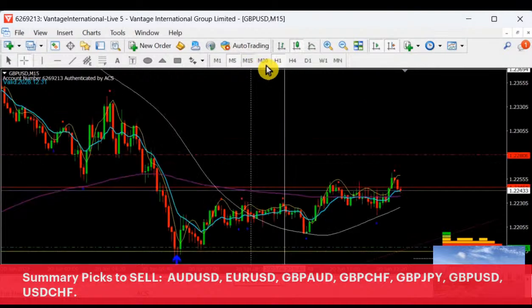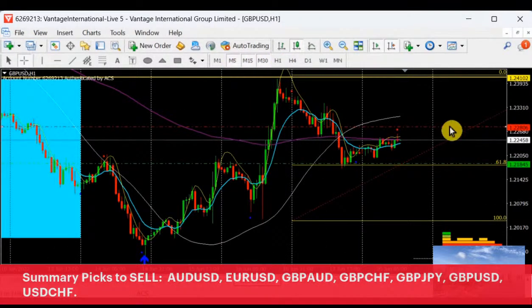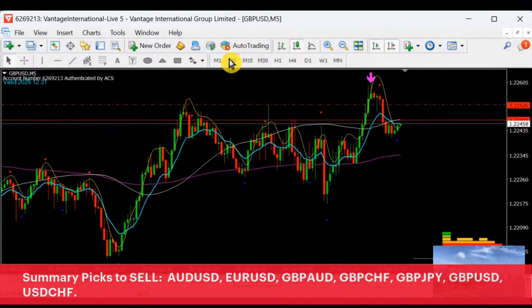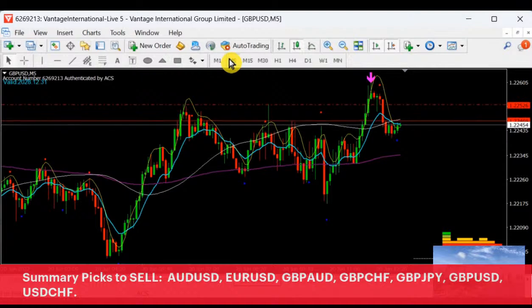Let me put this back first. Let's see the question that you want to ask. At M5 right now, based on the system here, are you looking for a retesting of the resistance? Yes, I'm waiting for a testing of the resistance there.